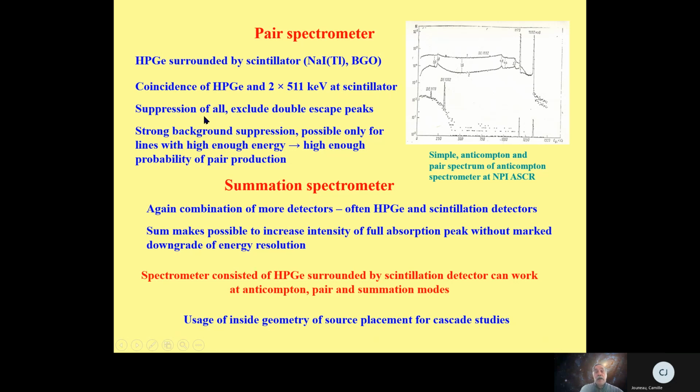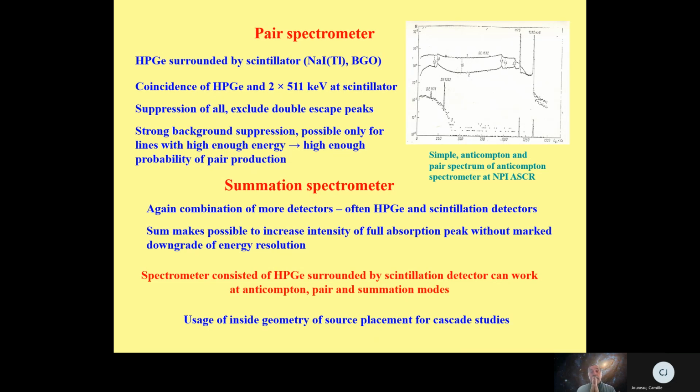That means it's possible, and if you make coincidence and check only these events, it's possible to suppress all other events. Only these are possible to see, and this is very strong background suppression, and it's possible to see only the line with this pair production.